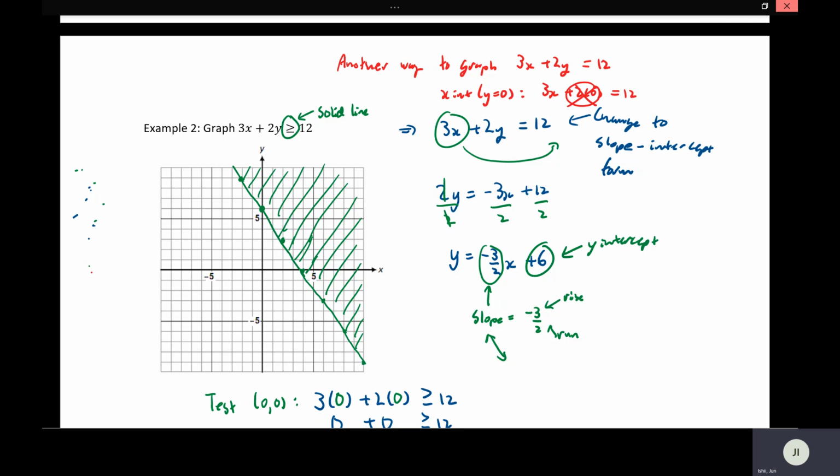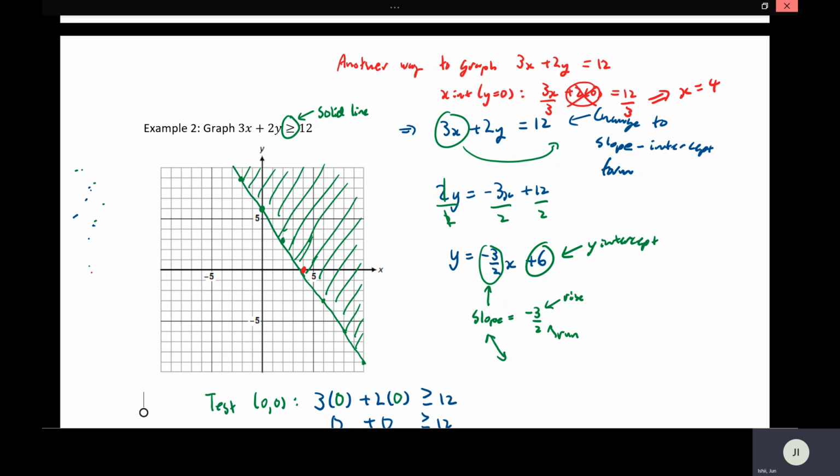So it's as if this term isn't there. Right? And now if you solve the resulting equation, 3x equals 12, you would divide both sides by 3. Therefore, the x-intercept is 4. And what you find here is that, yes, the x-intercept happens to be 4 when we graphed it with the slope-intercept form. Right?